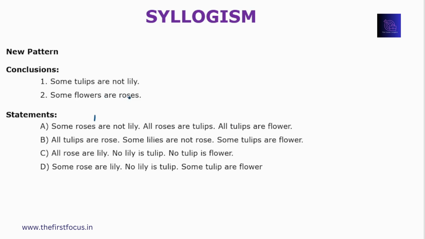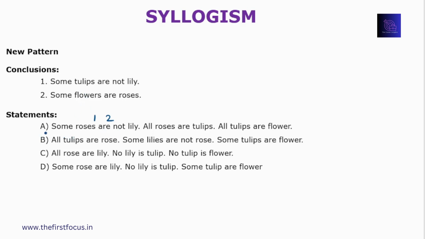Then, some flowers are roses. All roses are tulips. All tulips are flowers. Then it gives the meaning that all roses are also flowers. Yes, all flowers are also roses. Then if all flowers are roses, it means some flowers are roses is true. So the first statement satisfies both conclusions 1 and 2.